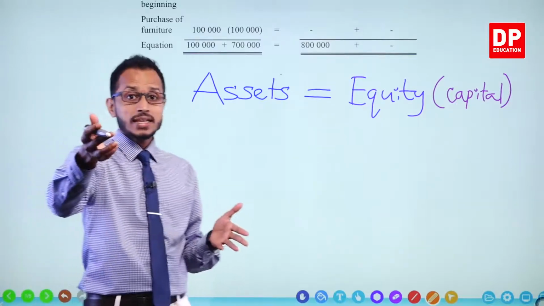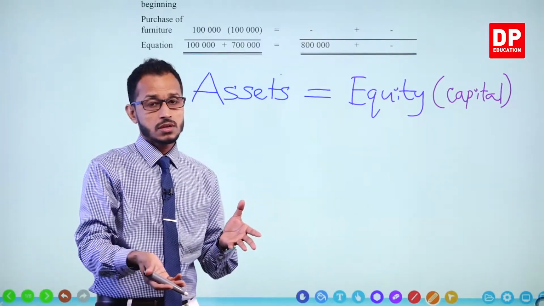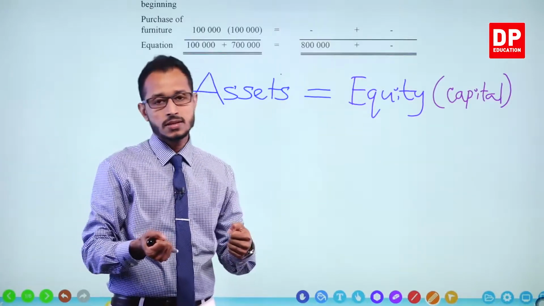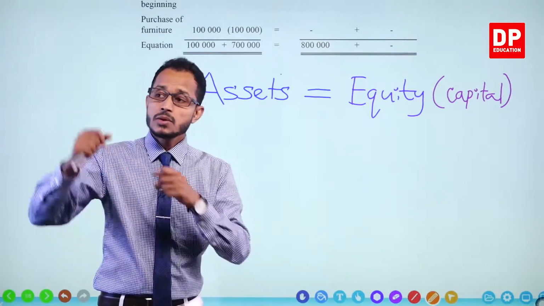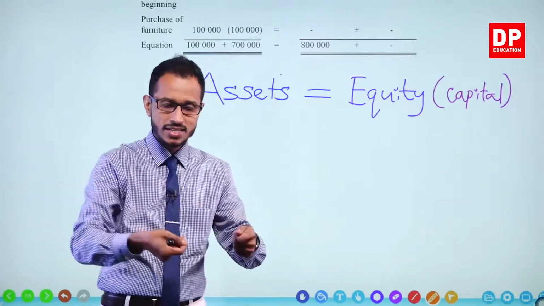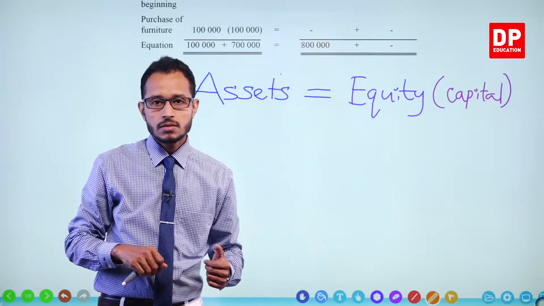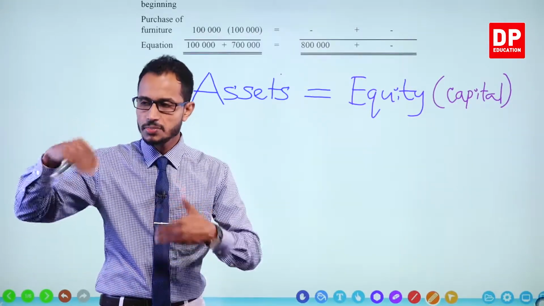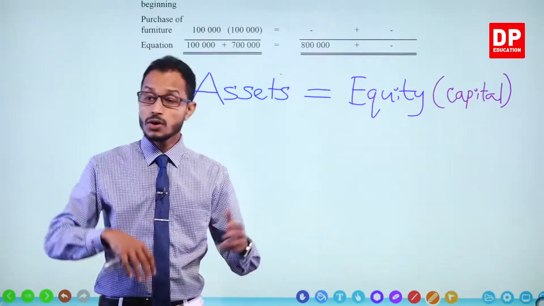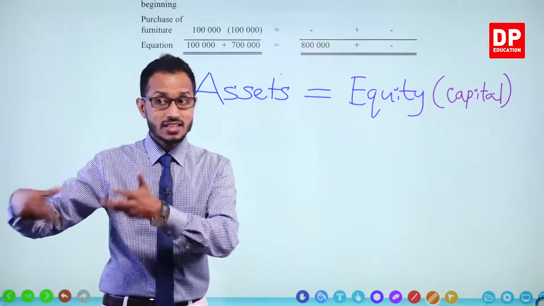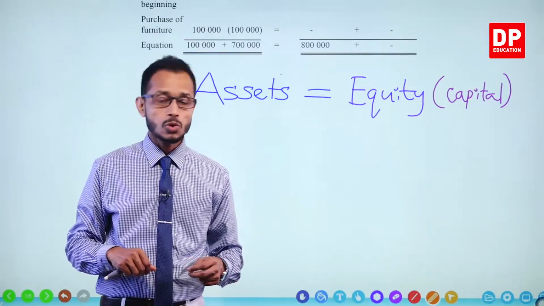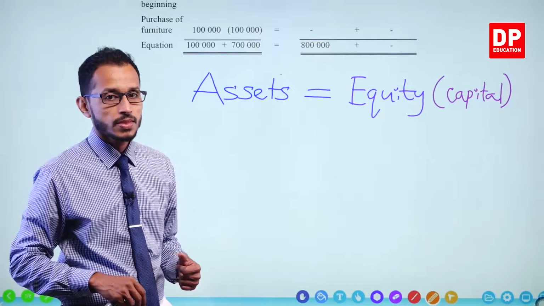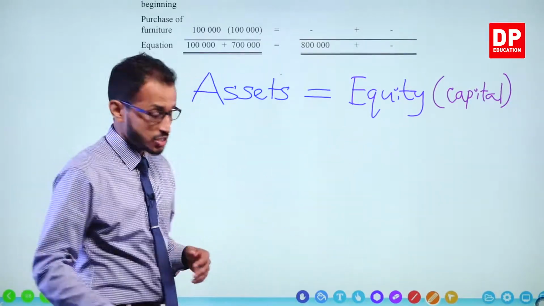But when there are more resources in the business, resources which have been borrowed from external parties, simply saying, if the business has taken a loan from a bank and invested that money in the business, or has borrowed funds from other persons and invested that money, or has purchased goods on credit and brought them to the business, in such a case the equation changes.